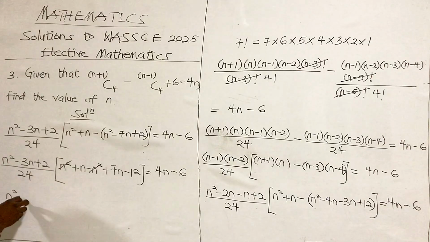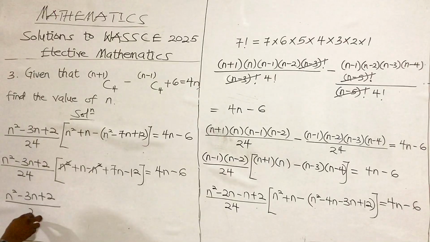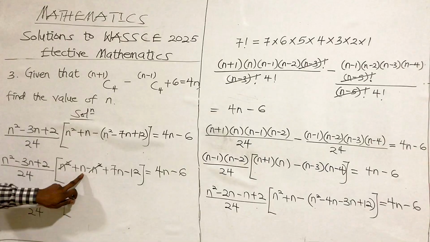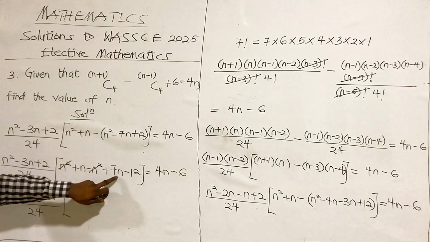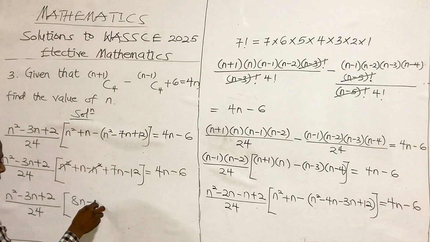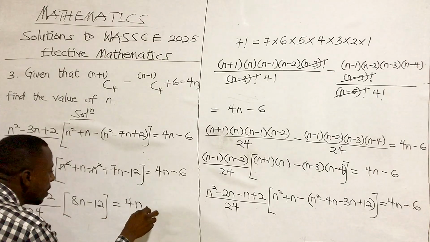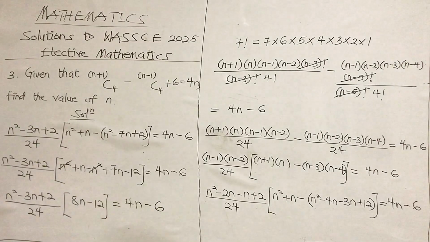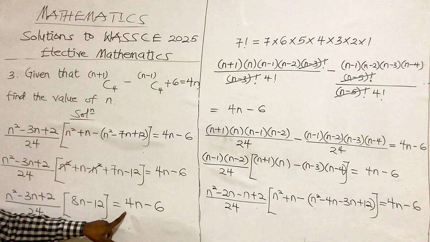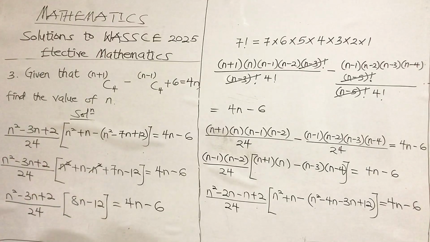So we have n squared minus 3n plus 2 all over 24, and now they are multiplying. So from here, n plus 7n, we have 8n minus 12, which is equal to 4n minus 6. So when it gets here, we can factor 4 out, and here we can also factor 2 out. So we are going to do factorization from here.